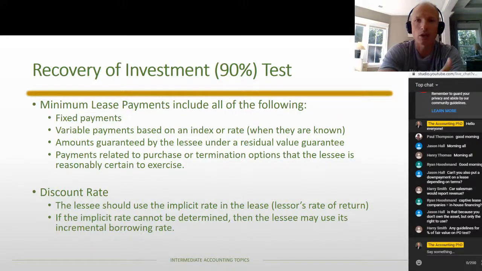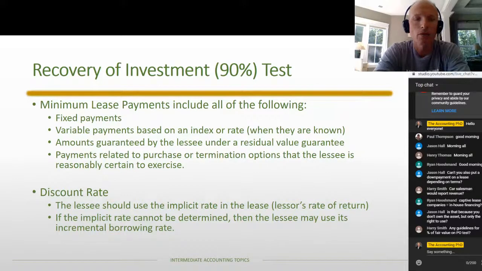Well, that would be included as a minimum lease payment. So again, with all these things, there's judgment. I'm going to make it clear how to apply the standard for each situation that you're going to face. But in practice, there's a lot more judgment, and it can get really difficult to apply the standard consistently.